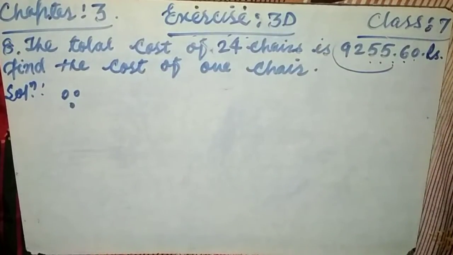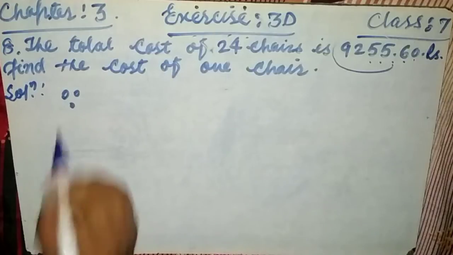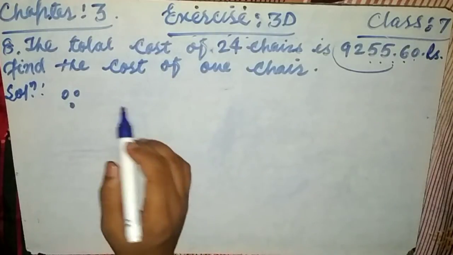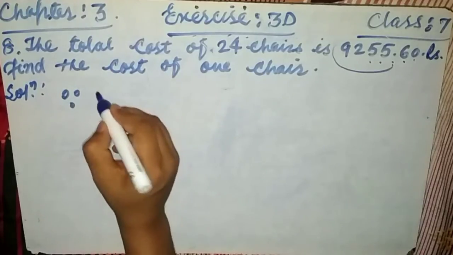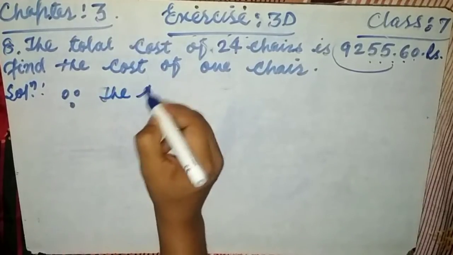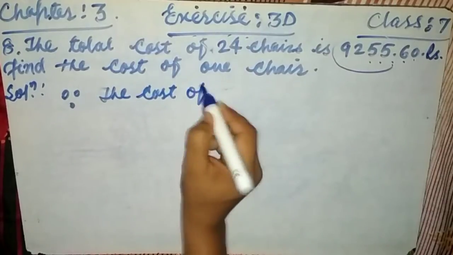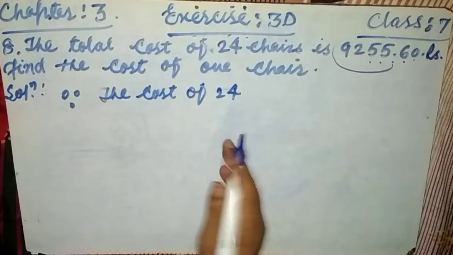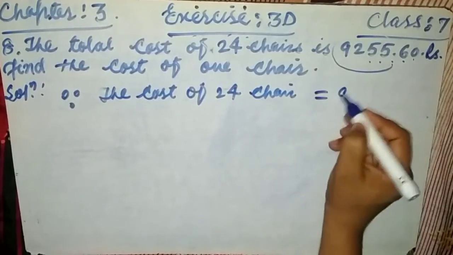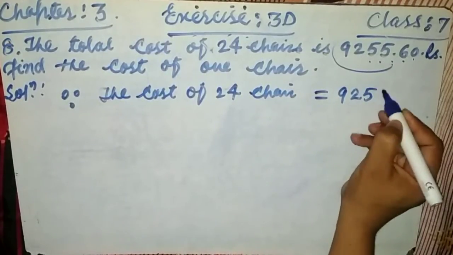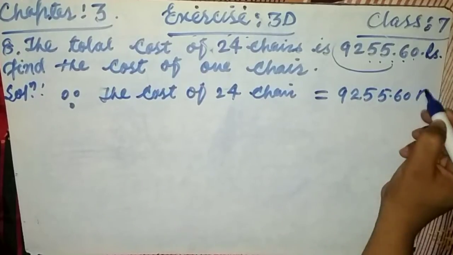Now see, friends, write the first statement as it is. Here the cost of 24 chairs is equal to 9,255.60 rupees.